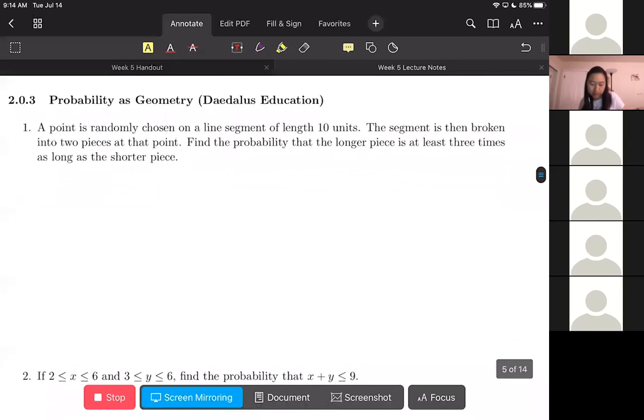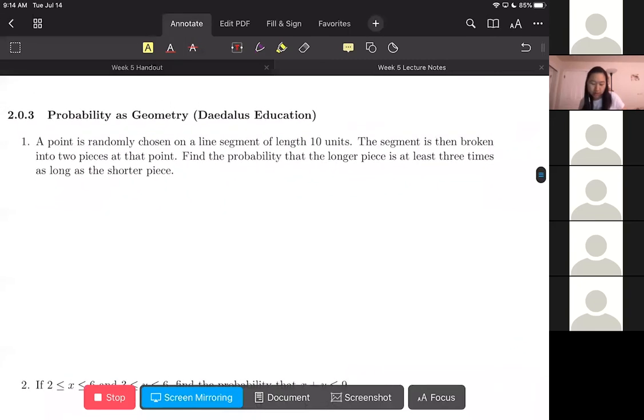First, we'll start with a line. So here is a similar question. A point is randomly chosen on a line segment of length 10 units. The segment is then broken into 2 pieces at that point. Find the probability that the longer piece is at least 3 times as long as the shorter piece. So we have a line segment.